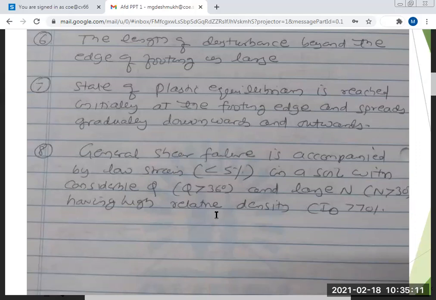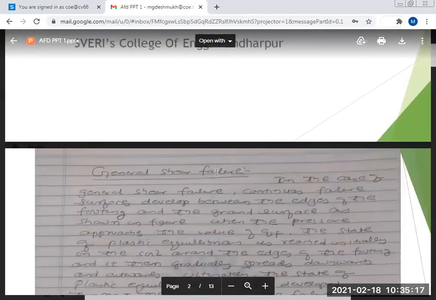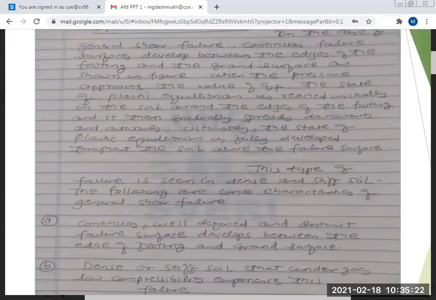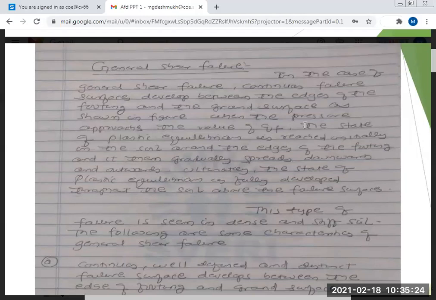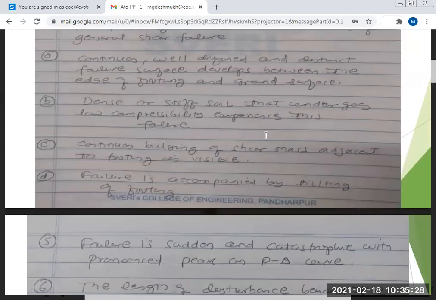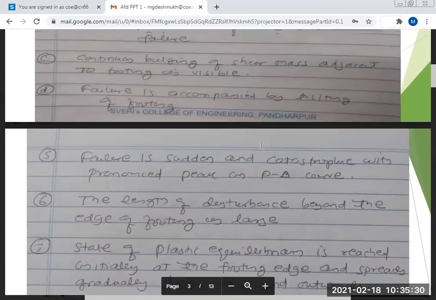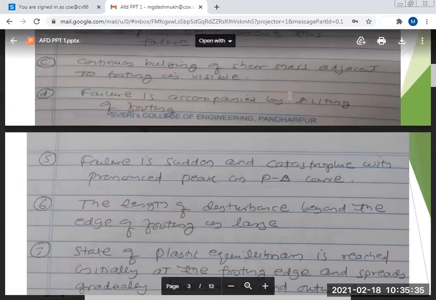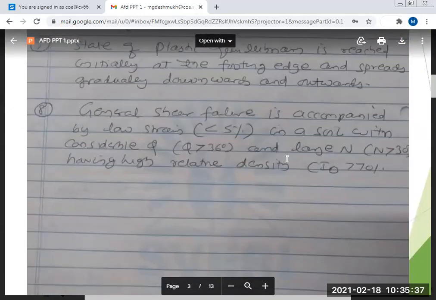So I hope you are very clear now with what general shear failure is. What happens in general shear failure, what type of figure develops, how the load-settlement curve looks, what its different characteristics are and what its different values are. I think this much is very clear to you now.